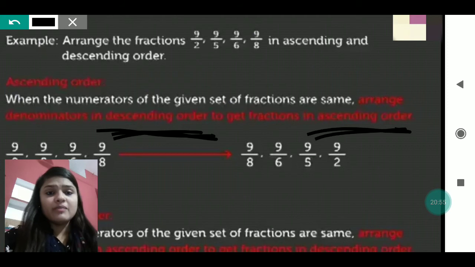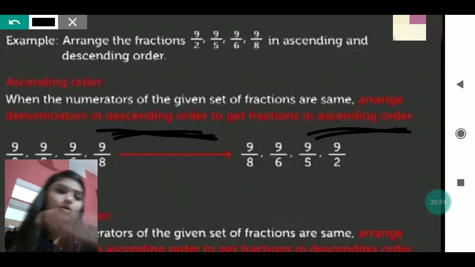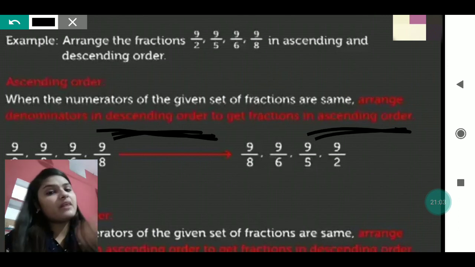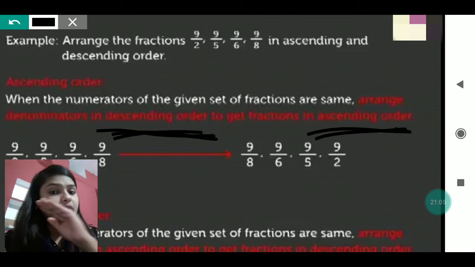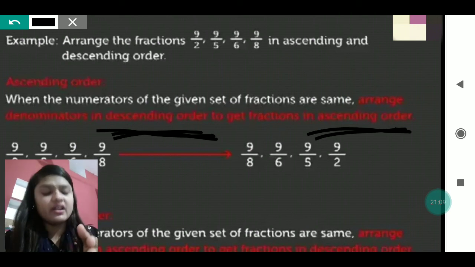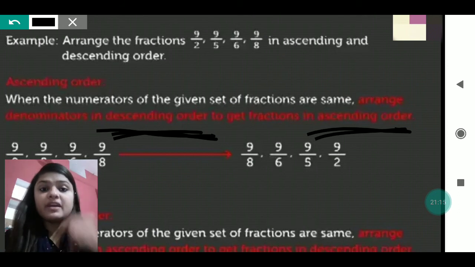Are you getting? The greatest number will come first and the smaller number will go last, and the last number will become the greatest, because if the numerators are same and the denominators are different, the smaller denominator will become the greatest. Keep this in your mind, the smaller denominator will become the greatest.